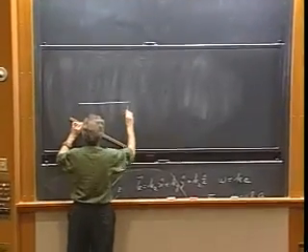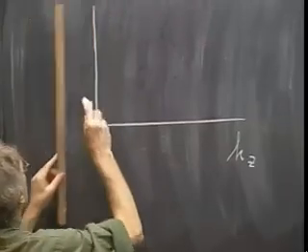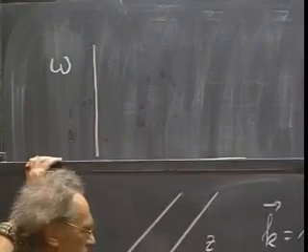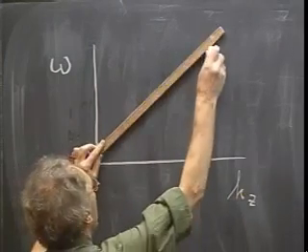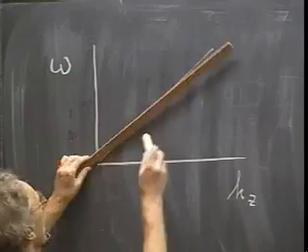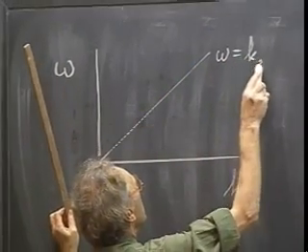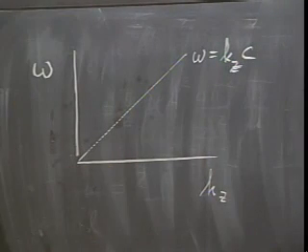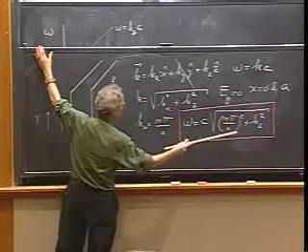So this is kz, and this is omega, and I am going to plot for you this relationship. This line would be omega equals kz times c. That would be non-dispersive. However, this is different because of this.